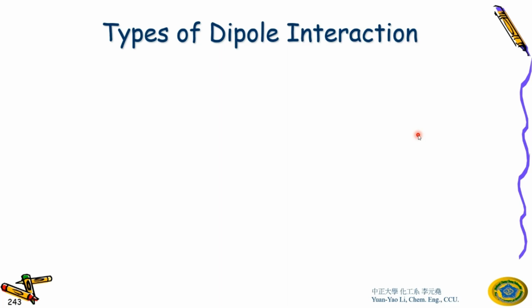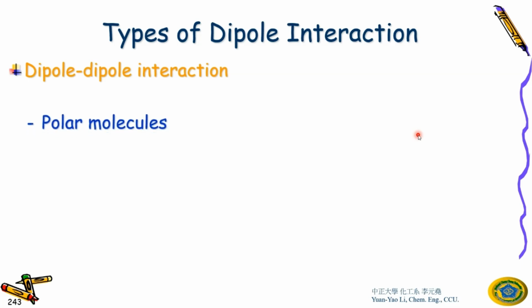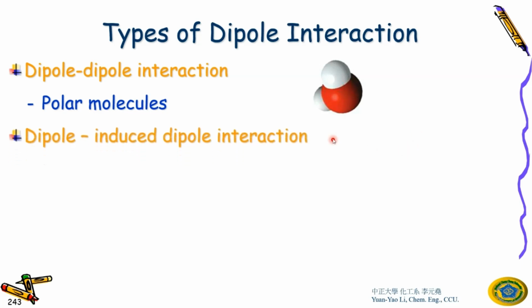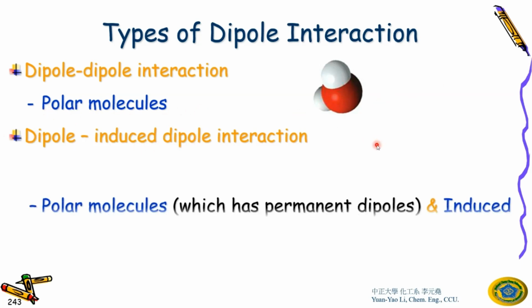So the types of dipole interaction are, as we just said, interaction between polar molecules, and dipole-induced dipole interaction. Between dipole and dipole you have interaction. This is called dipole-dipole interaction, between polar molecules. How about dipole-induced dipole interaction?